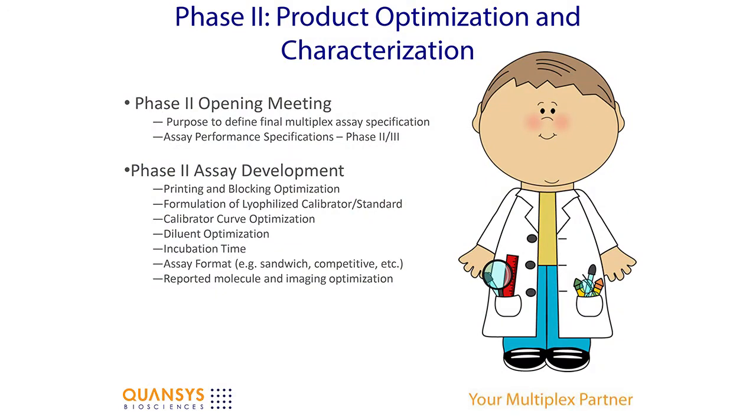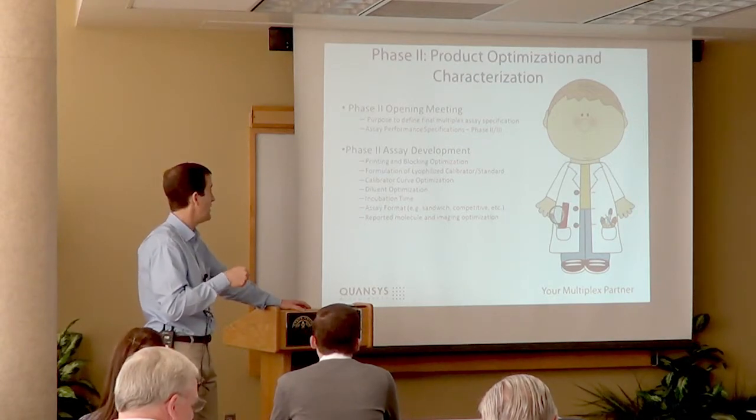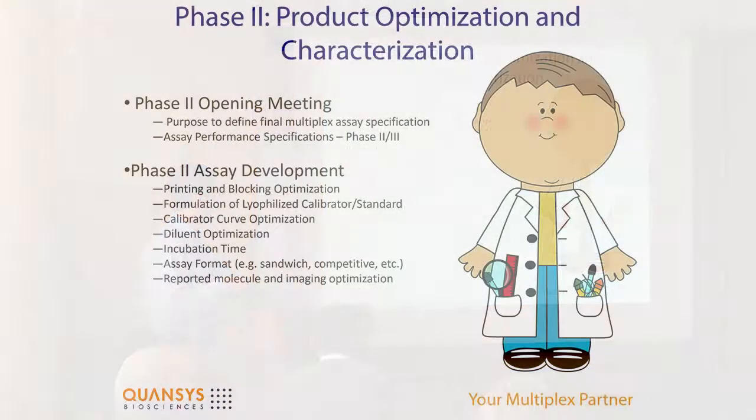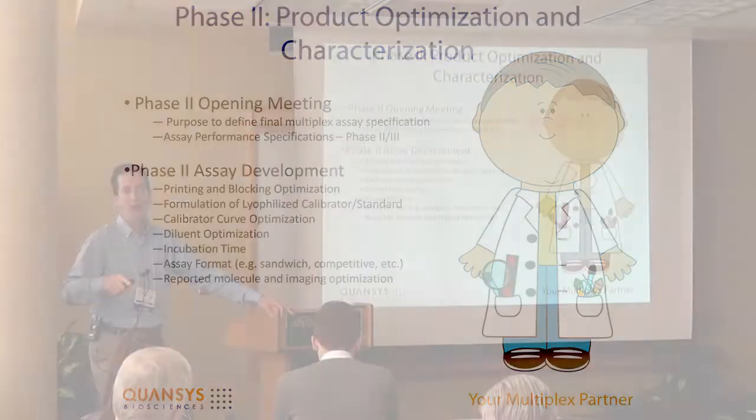We may find, and I think my talk tomorrow will touch on this, that we need to move an assay from sandwich to a competitive in order to encompass the range that is required. And so that would happen here in phase 2. And then our reported molecule optimization. So every aspect of the assay we are optimizing.